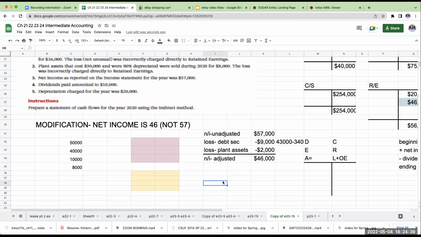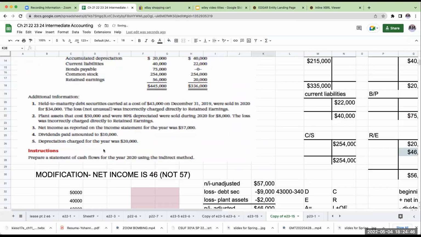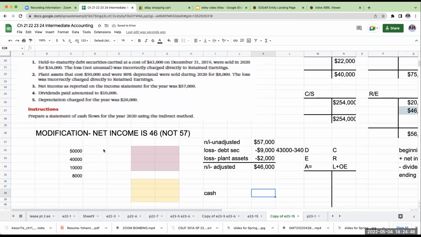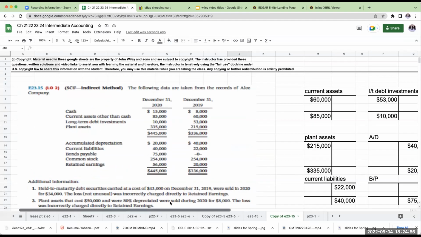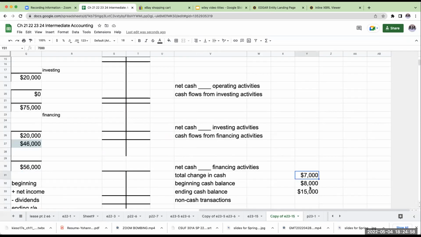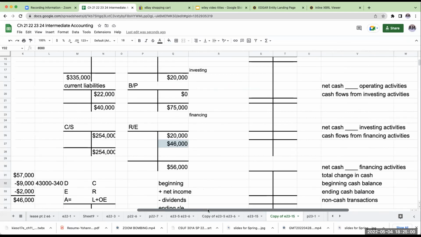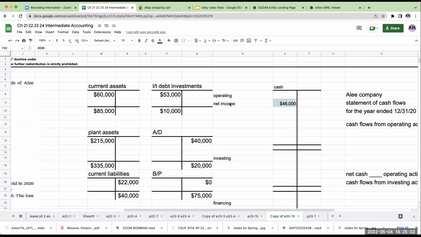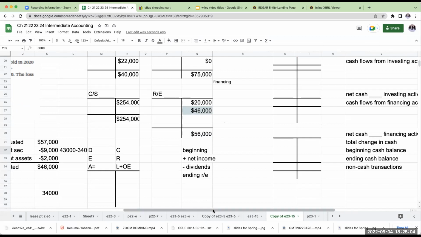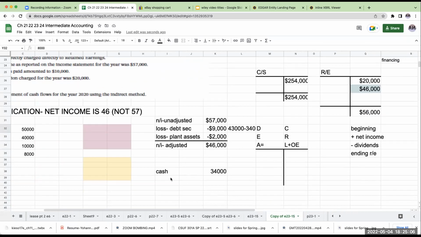So how would I go through and deal with this, right? So I've got over here, I'm getting cash of approximately right over here. This is 34,000. And just as a note, when I'm going through and doing my cash flows, the first thing I do is the skeleton. I want to know what happened to cash. Second thing I do is I set up the T accounts. Next thing I do is I deal with the additional information first.